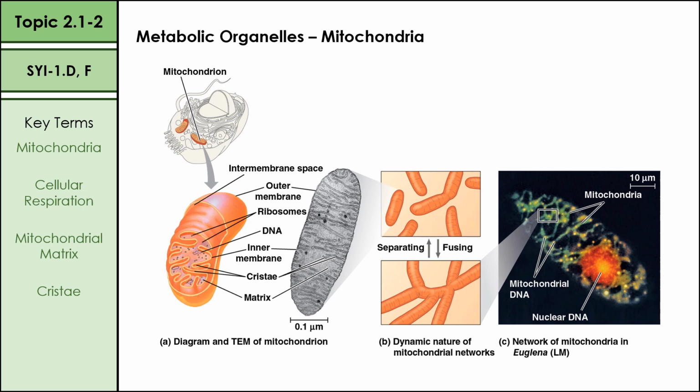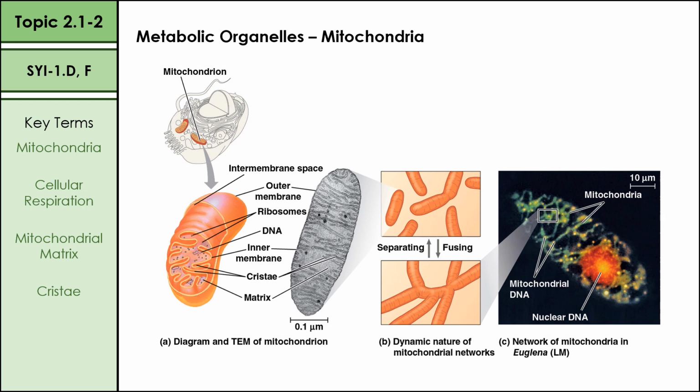Another piece that you may find interesting and that allows cells to be more efficient overall is the ability for our mitochondria to both be separate organelles, but also to fuse together to create a mitochondrial network, allowing us to create a lot more energy in certain types of cells.